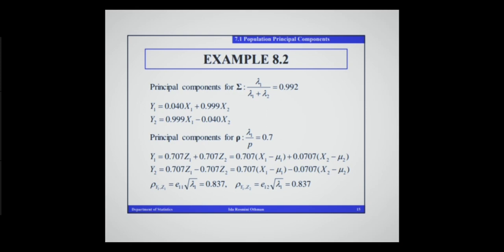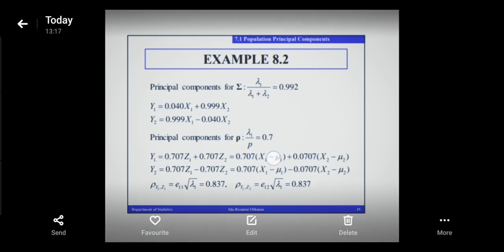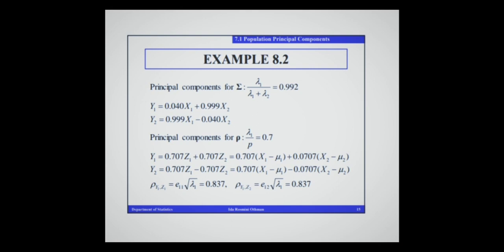Okay, we replace with x minus mu divided by sigma. So in this case for y1, x1 minus mu1 divided by the square root of sigma 11 here. So how do we get the sigma 11?